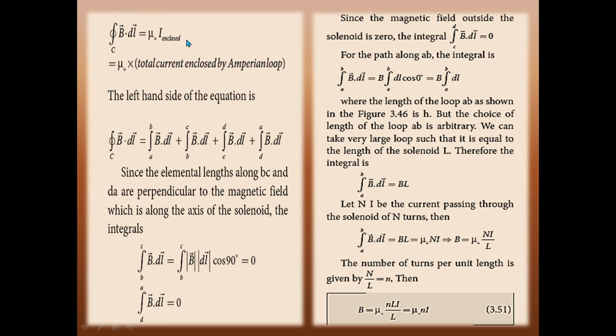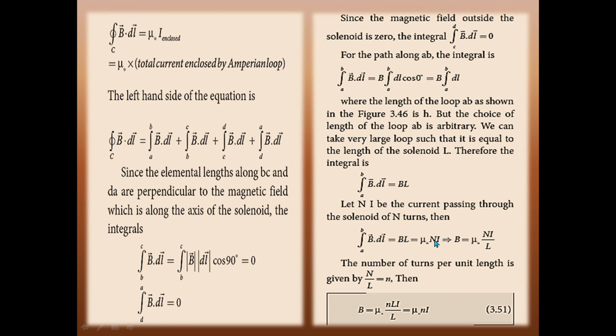Here I enclosed is the number of turns of the solenoid times the current, so it can be written as mu naught into capital N and capital I.